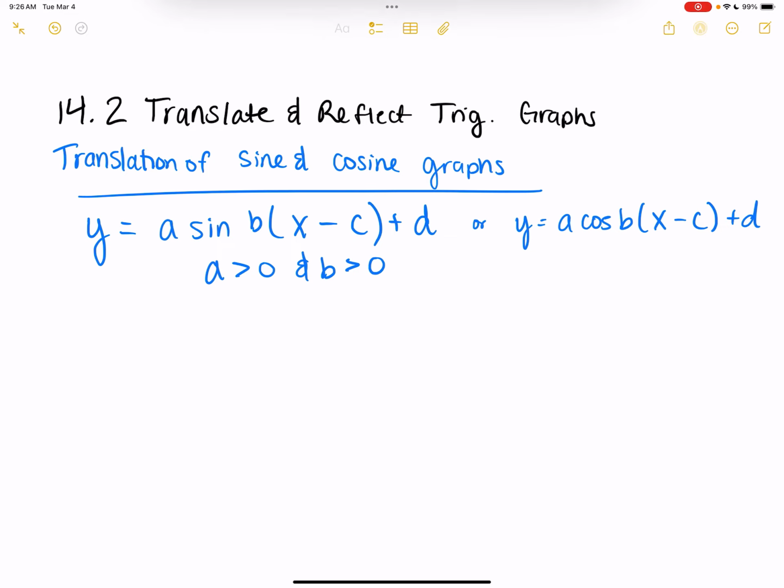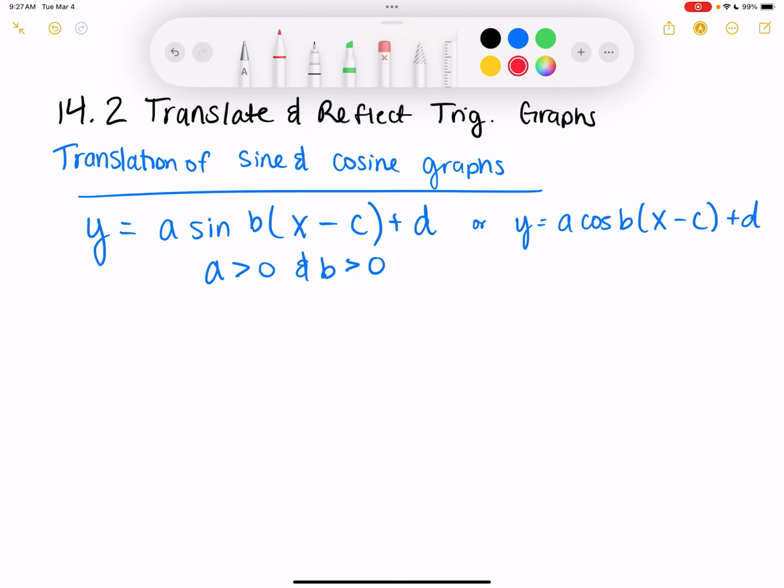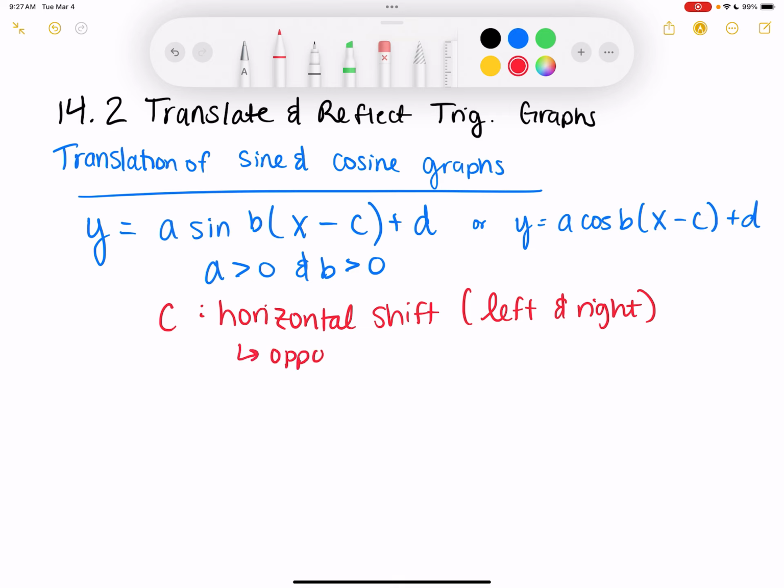So C is a horizontal shift, left and right. And these move opposite the direction of the sign.